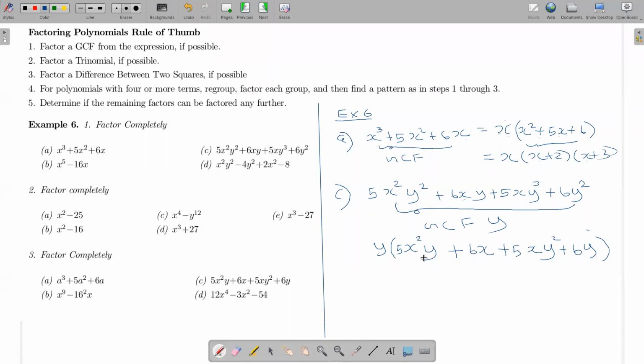Now these two don't have anything in common, no? So I have to do that shifting and see. So here I go y. I shift these two. So here I get 5xy squared plus 6x plus 6y. Okay. So now these two have a common factor.